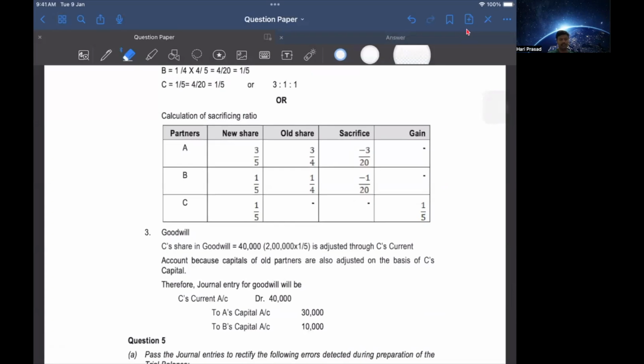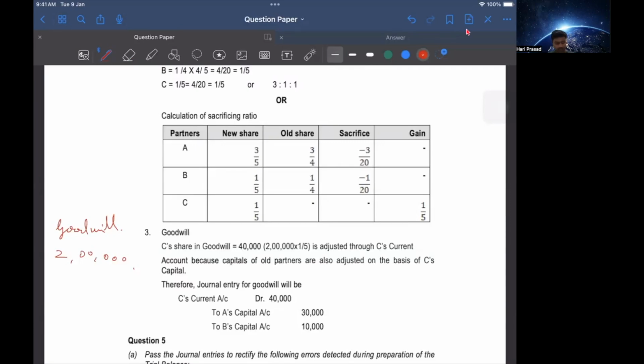Next step here is what will be the adjustment for the goodwill. We know the total goodwill is 2 lakh. The total 2 lakh rupees of goodwill belongs to A and B. But as we have found out in the gaining ratio, C gains 1 by 5th of this goodwill.